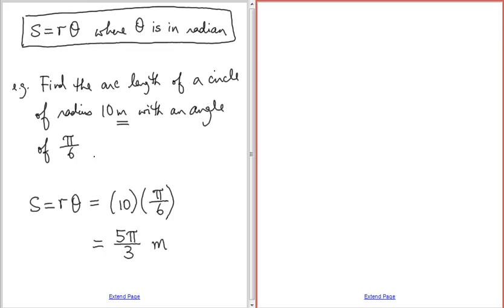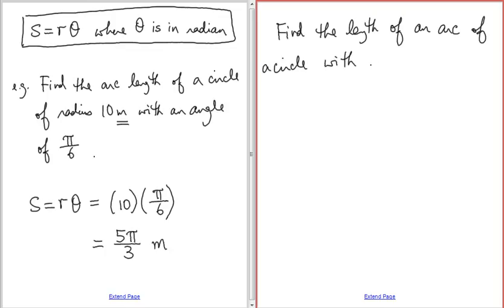Let's try another one. Can we find the length of an arc of a circle with radius 5 centimeter and an angle of 120 degree?